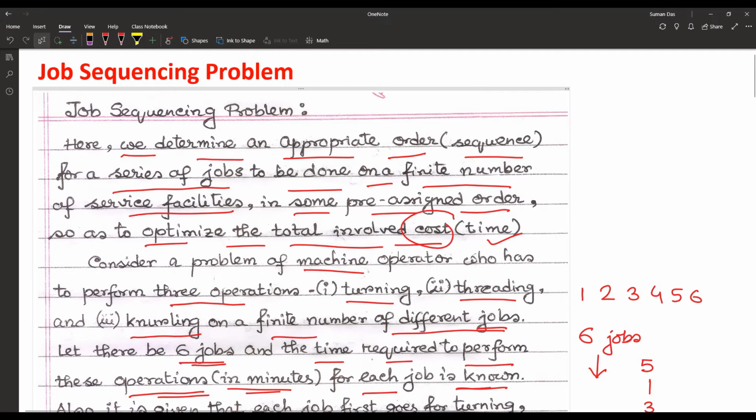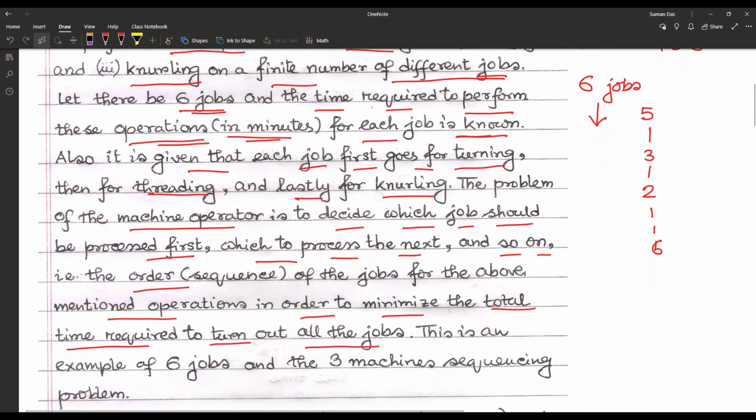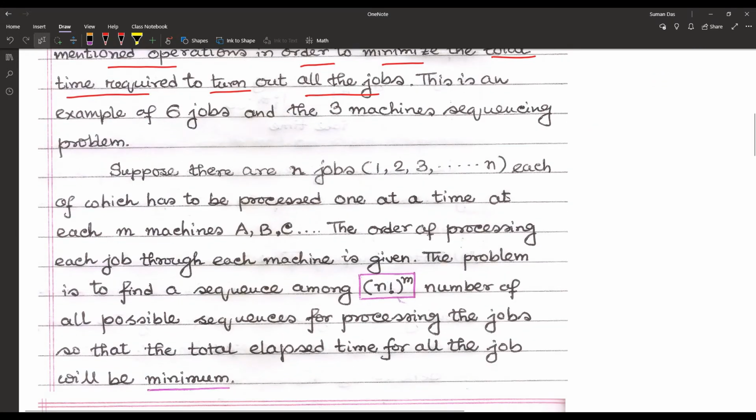Before we start the job sequencing problem, we have to consider some terms. And before the terms, once again, suppose there are n jobs from 1 to n, each of which has to be processed one at a time on each of m machines.